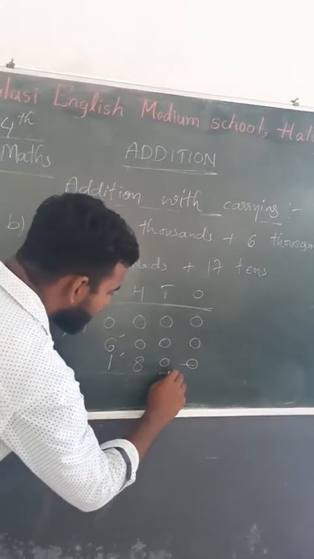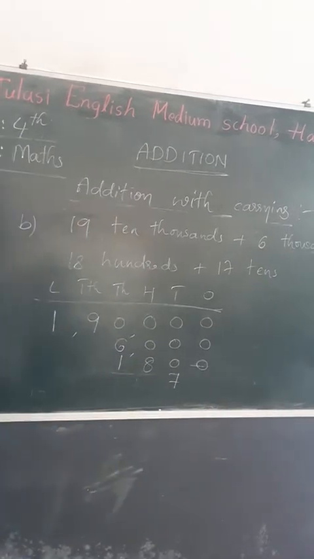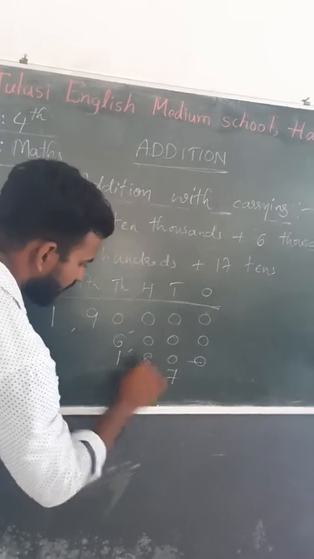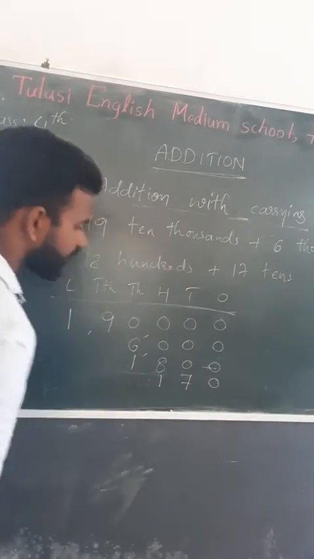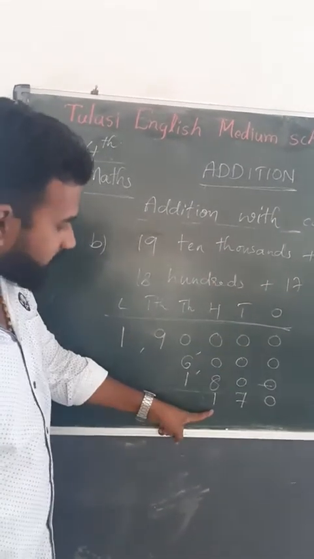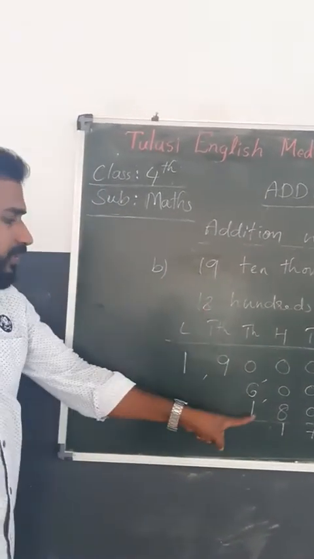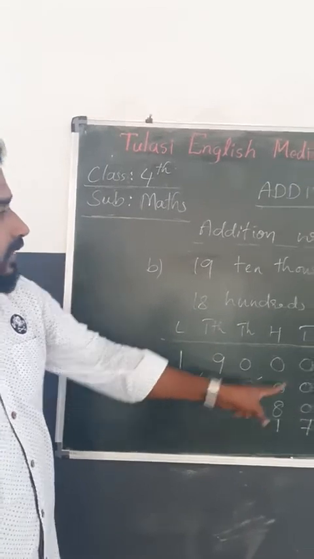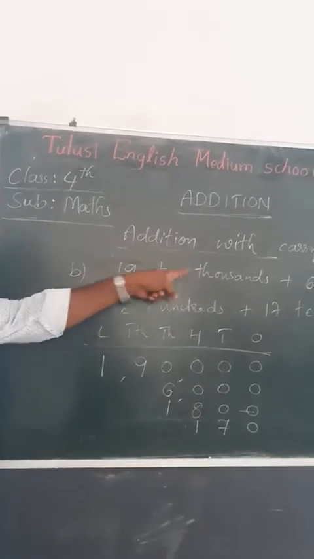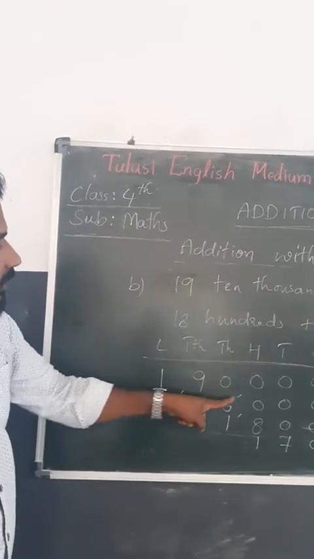So 7 tens I am writing here. This 10 tens is equal to 100. So 1 is in the 100 place. 17 tens means 170. 1,800 means 1,800. 6,000, clearly 6,000. 19 ten thousands means 1,90,000.